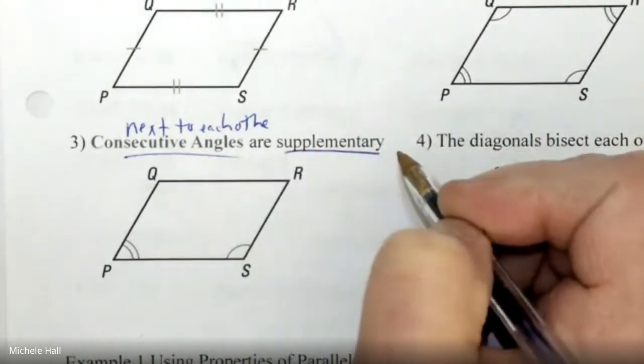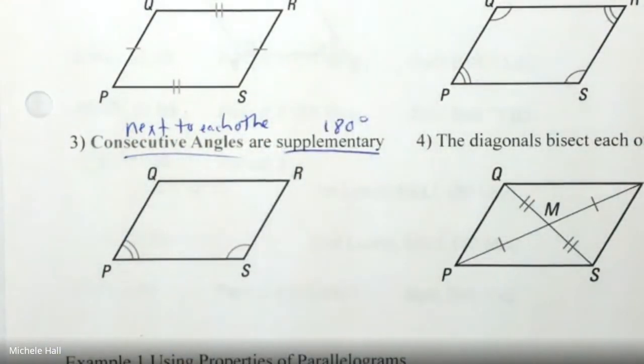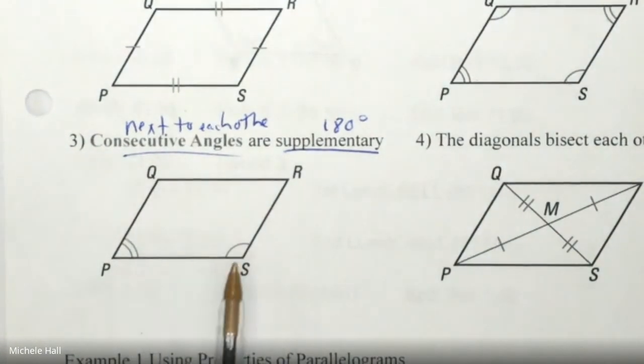And supplementary means 180 degrees. What's 90 degrees? If a supplement is 180, a complement is 90. Complementary angles. Okay, so if I have 2 angles that are right next to each other on a parallelogram, then I know that these are going to add up to 180.